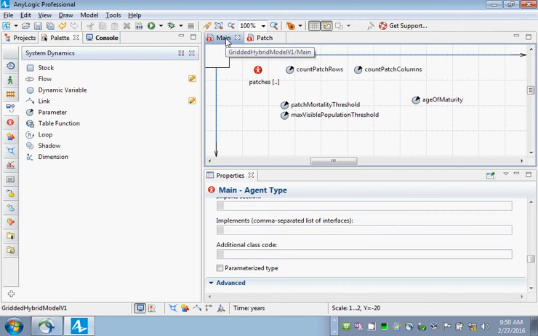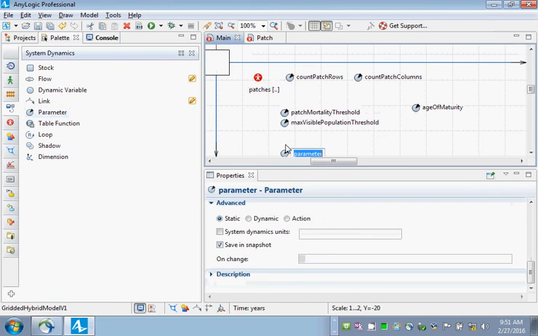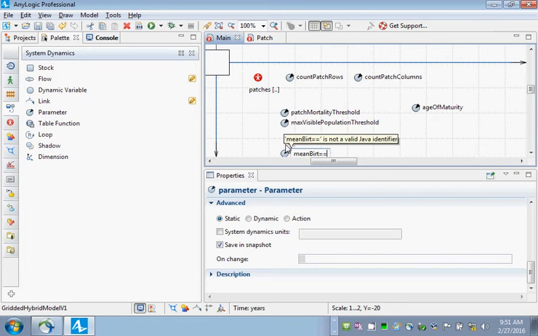So going back to main, we're going to add two parameters to main. This will be mean birth rate, for reasons we'll get to in a bit, to save us work later. Another parameter is going to be a birth rate standard deviation.